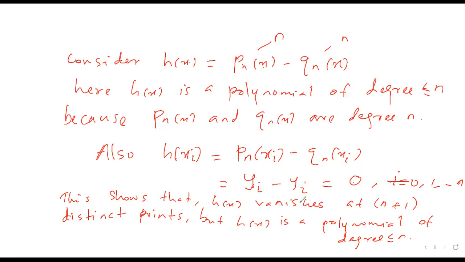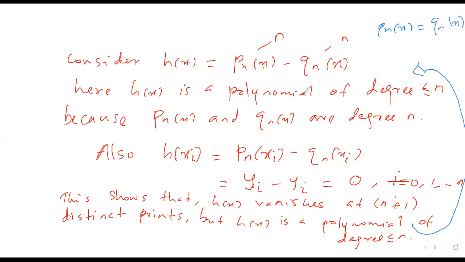So from that you can say Pnx, if h is equal to 0, this is equal to this one. So please write down here: Pnx equal to Qnx.